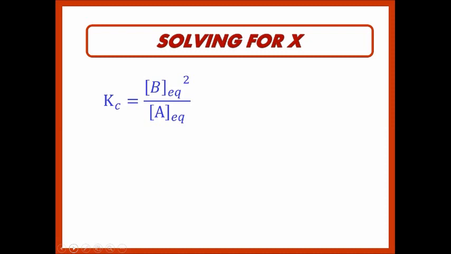From the ICE chart, we have obtained the mathematical expressions equivalent to A and B's equilibrium concentrations. So if we plug these into the expression for the law of mass action, since Kc and the initial concentration of the reactant A would be known, then we could solve for the value of x.